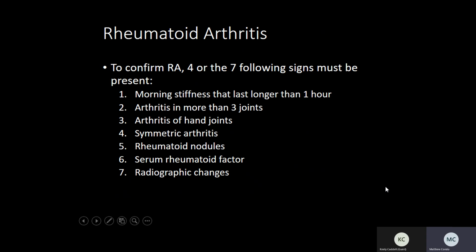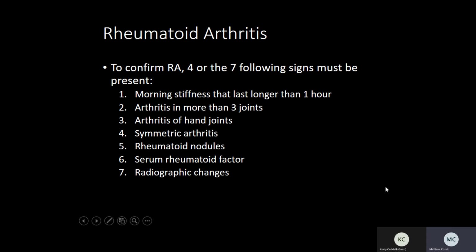Pain the second half of the night, gets better after I get up and move around a little bit. Osteoarthritis, pain when I first wake up, gets better after I move around a little bit. Do you have arthritis in more than 3 joints? That's a big one, right? If I have arthritis in a whole bunch of joints, I at least need to screen for rheumatoid arthritis. I'm not saying you definitely have it, but we need to screen for it.